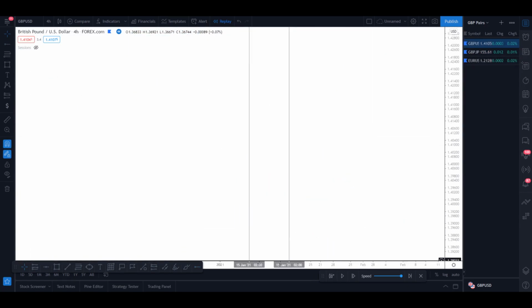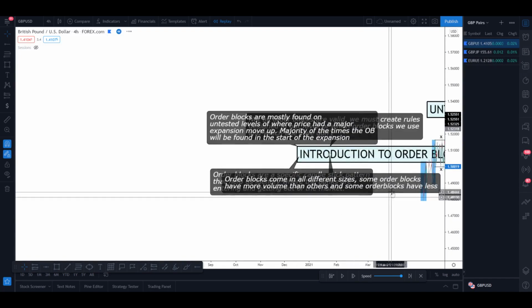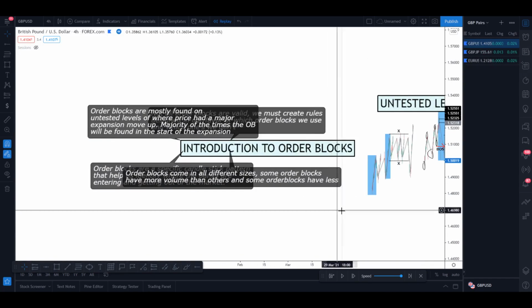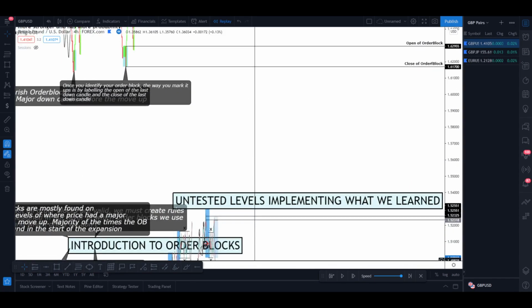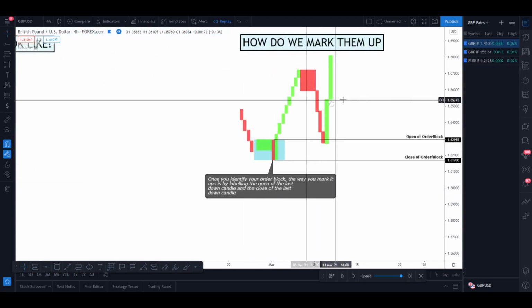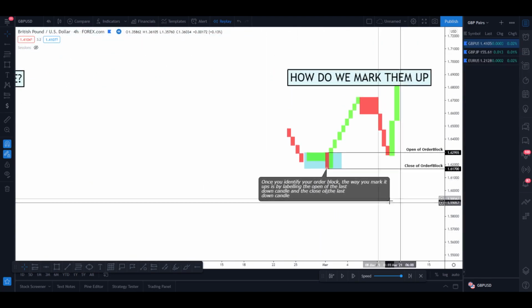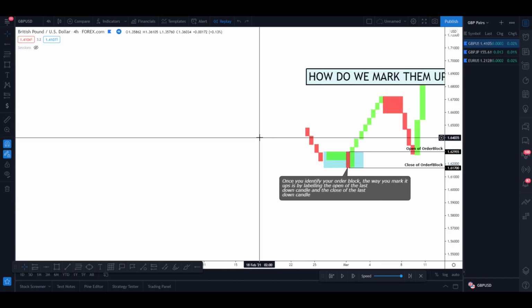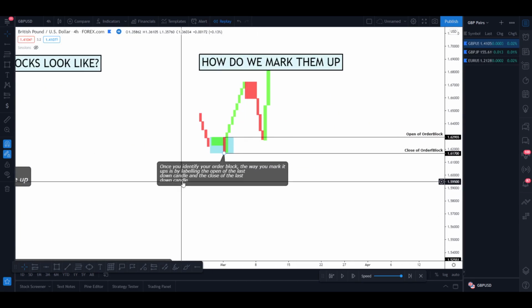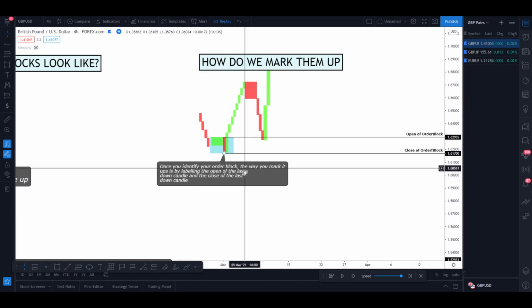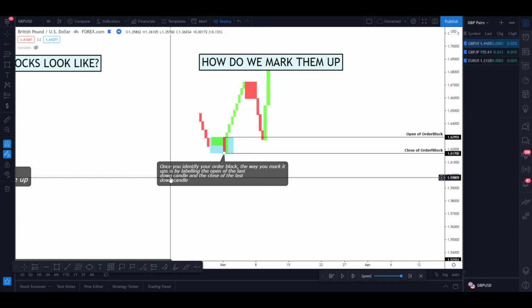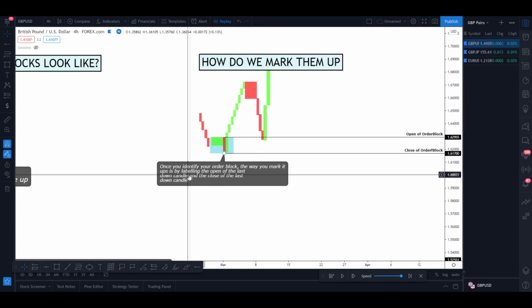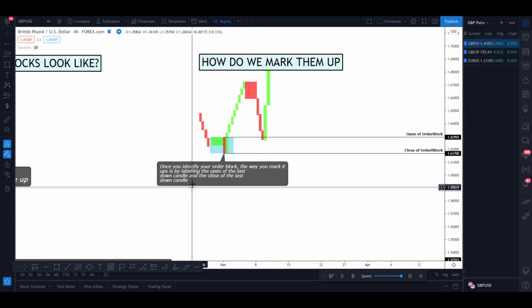I don't think I showed you guys that. Let me go back up. Yeah, right here. So it says, how do we mark it? Basically, once you identify your order block, the way you mark it up is by labeling the open of the last down candle and the close of the last down candle.